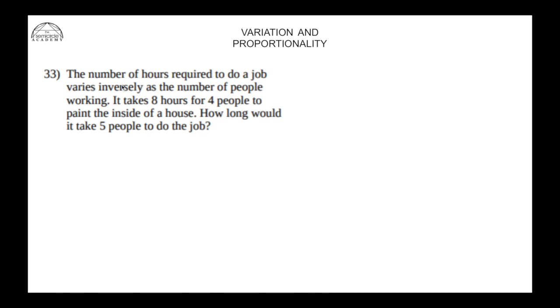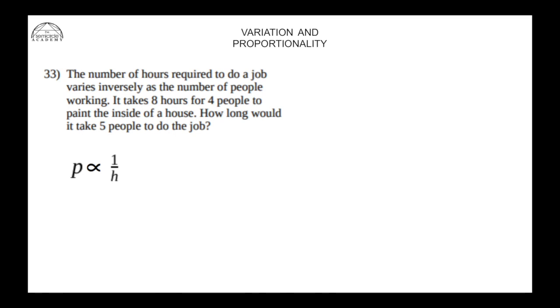Let's read further, right? So the number of hours required to do a job, h, varies inversely, 1 over h, right, as the number of people working. So let's call the number of people P. So I could form a relationship here, and I could say that P is inversely proportional to H, right?